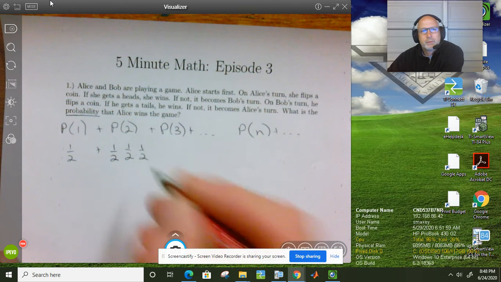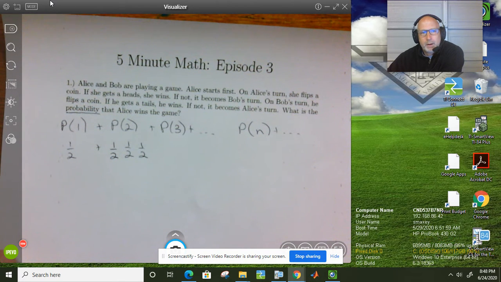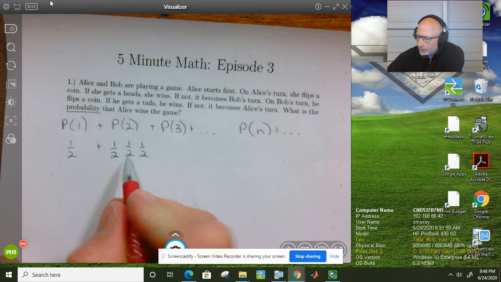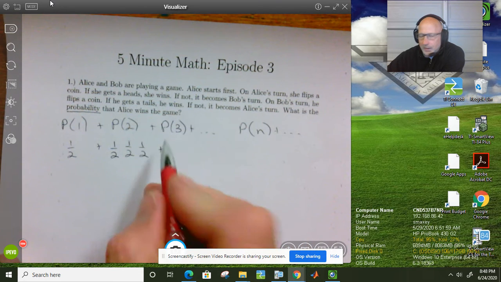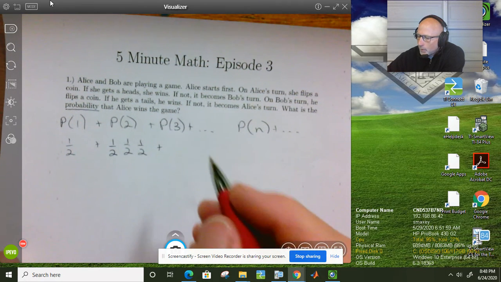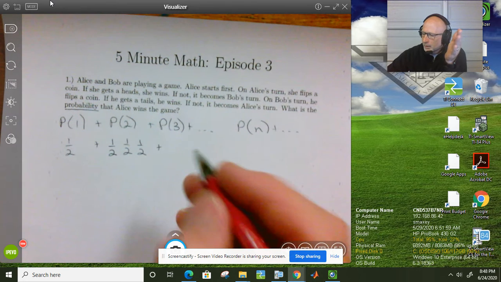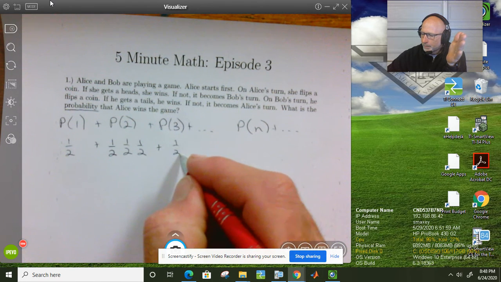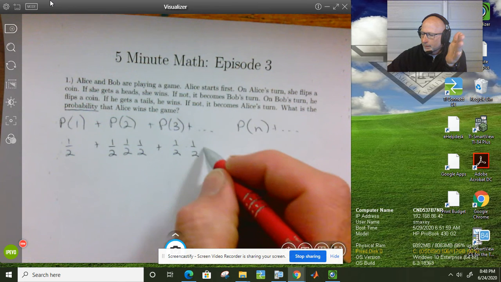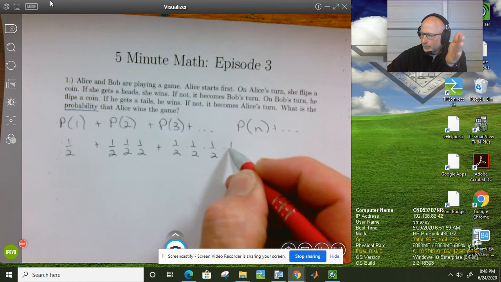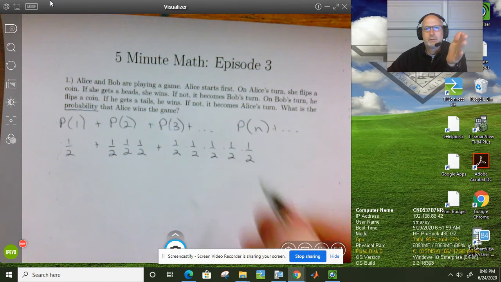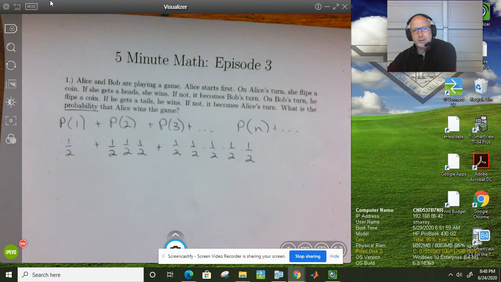Now the probability for the third turn: how would that happen? She loses the first time, Bob loses, she loses, Bob loses, and then she wins. And then the pattern continues.